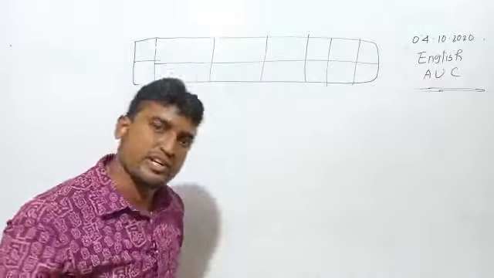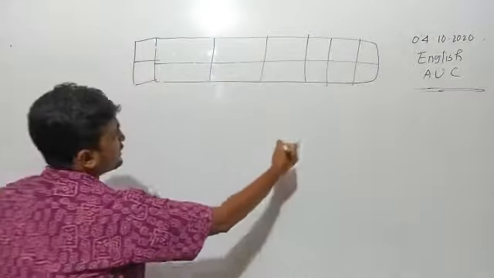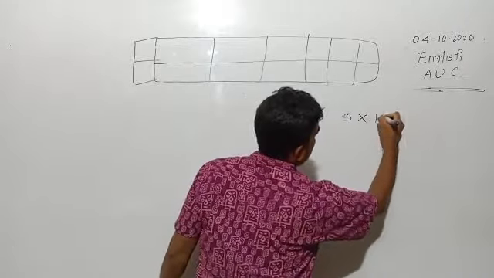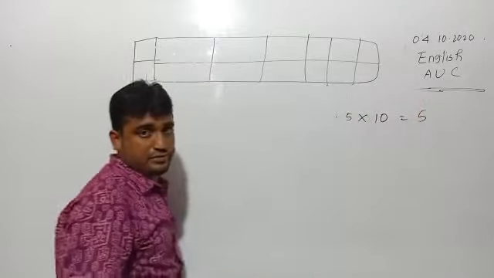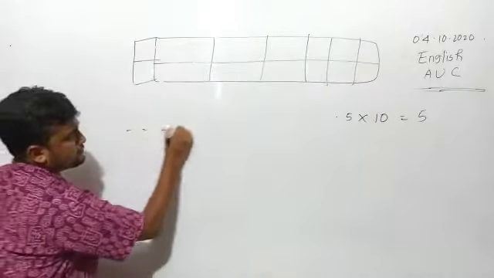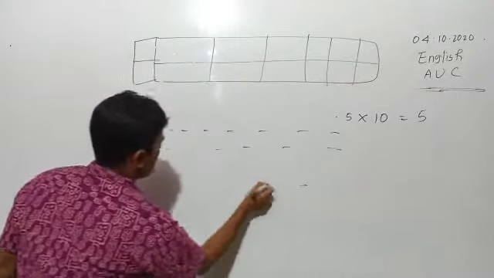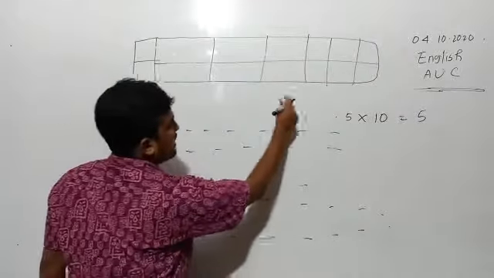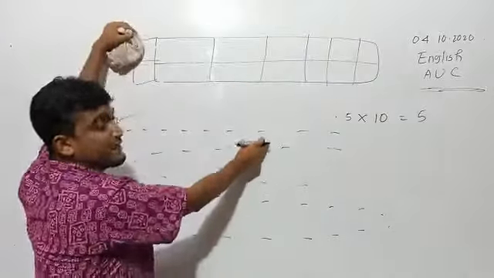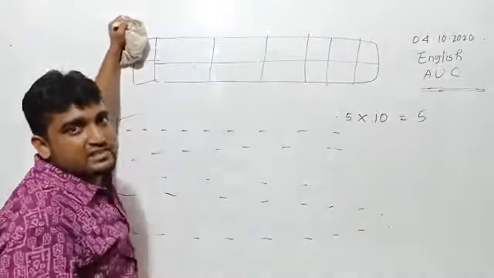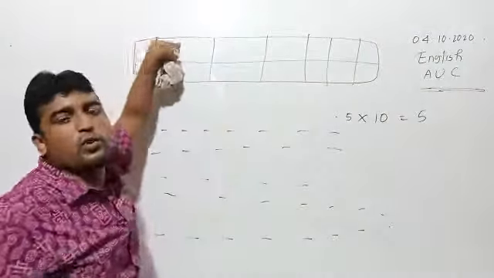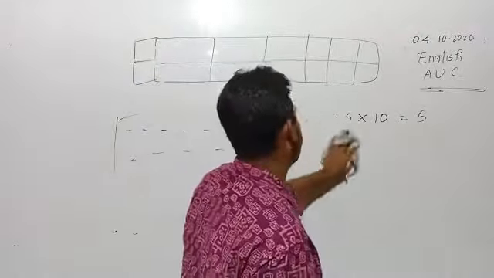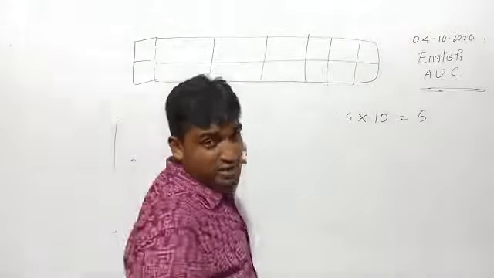Okay, next, each question will carry 0.5, into 10 is equal to 5. Okay, and there will be a complete passage here. According to this passage, you will have to fill the gaps to make meaningful sentences with the help of these given words. I think you are clear about the marks distribution of this number 4.